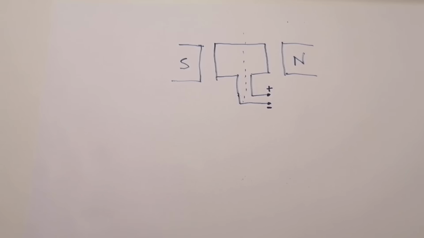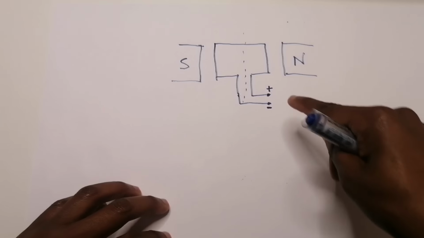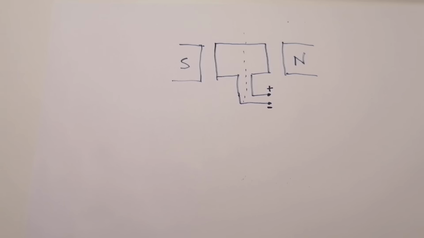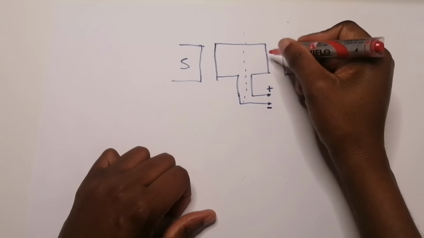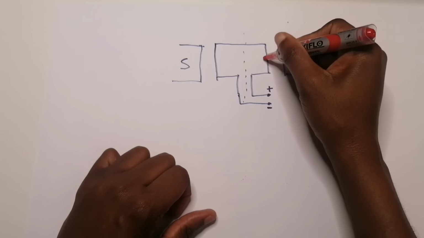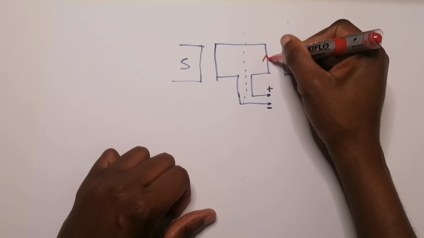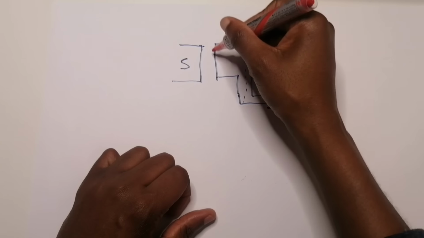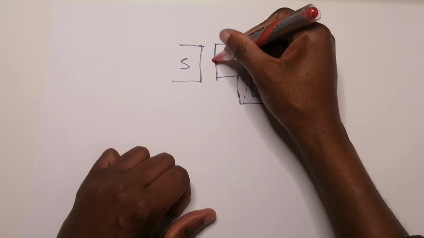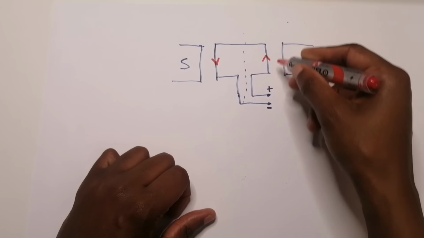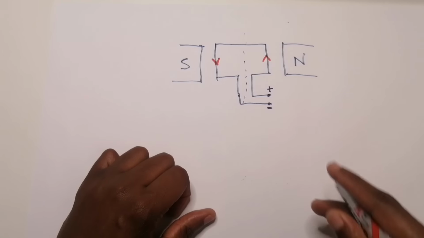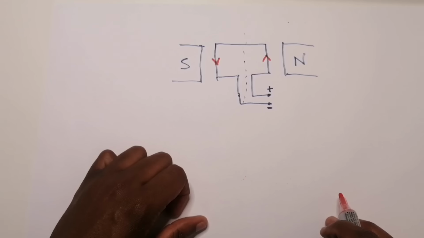Remember, conventional current always says we move from the positive side to the negative side. So there's my direction of the current, and on this side too my current would be moving in that direction. From positive, it's going to the negative side. I hope that you get that.